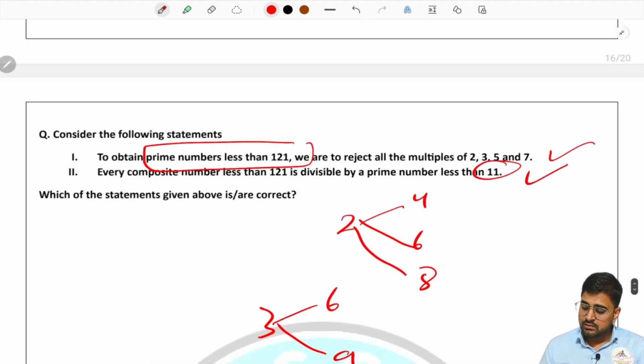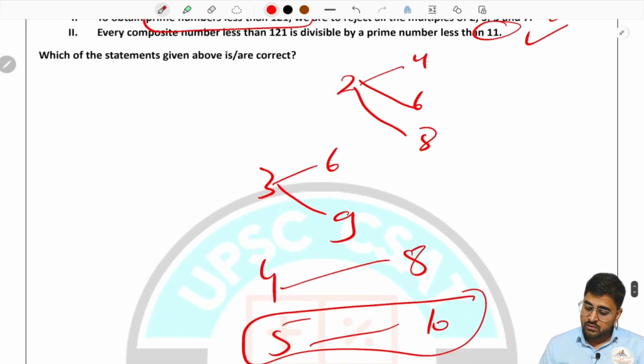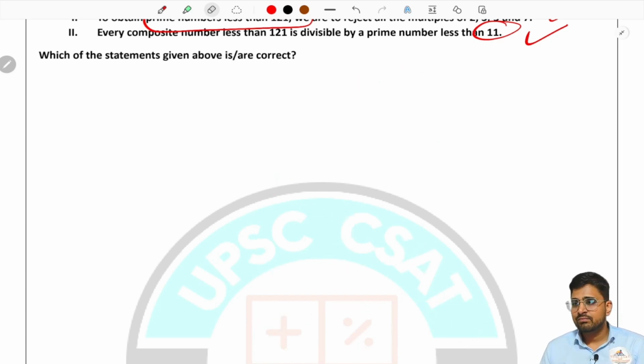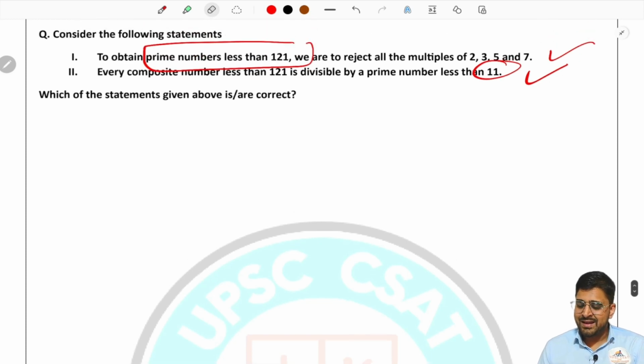So this is also correct. Both statements are correct. So the option will be C, 1 and 2. Conceptual based question. Both statements are correct. Let's move to the next question.